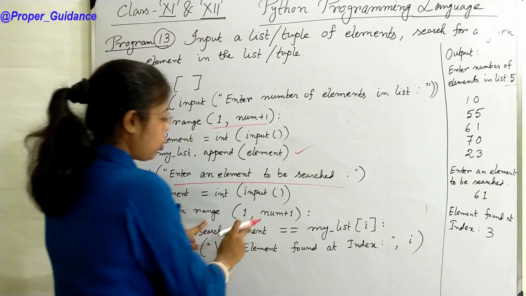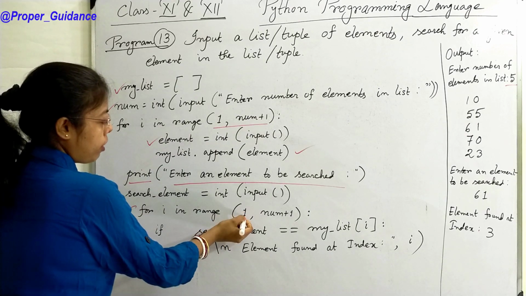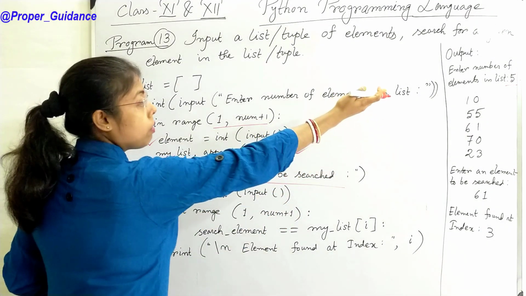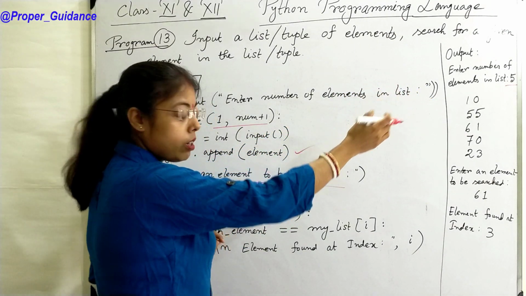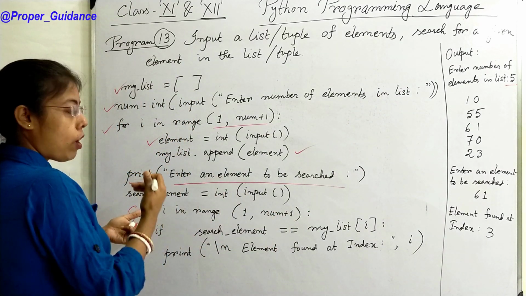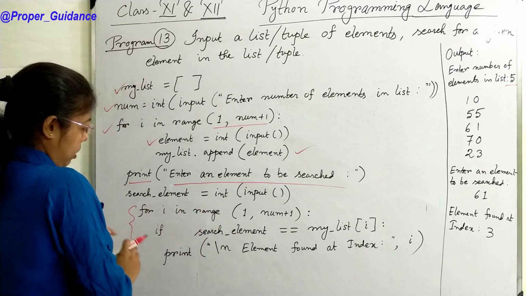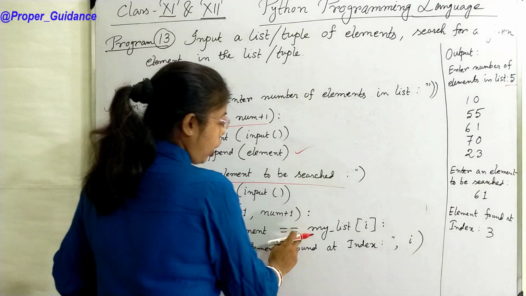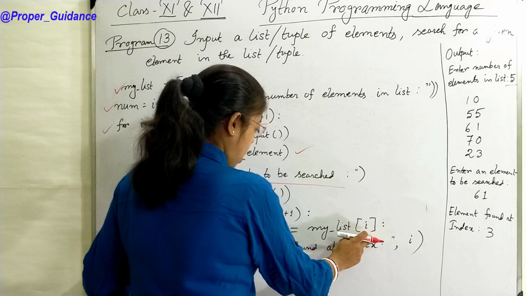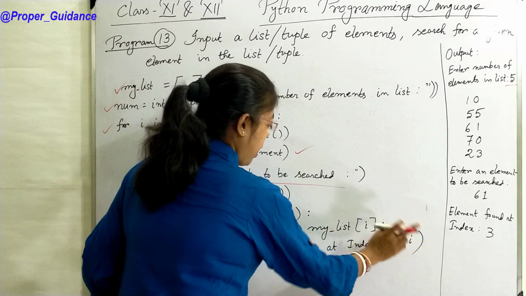For i in range 1 to num plus 1, the same for loop, starting from 1; when you give 5, this is 1 and 6, that is it will give you 5 steps, 1, 2, 3, 4 and 5. And what will it do? If search element equals my list i, print element found at index i.